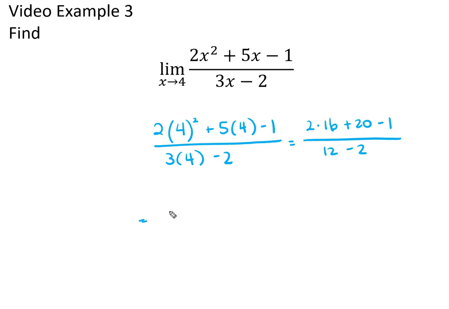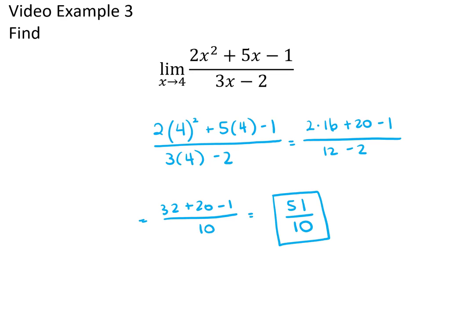And then that becomes 32 plus 20 minus 1 over 10, which becomes 51 over 10. And we prefer our answers in reduced form, but also improper fractions rather than mixed numbers. So my limit here would be 51 over 10.